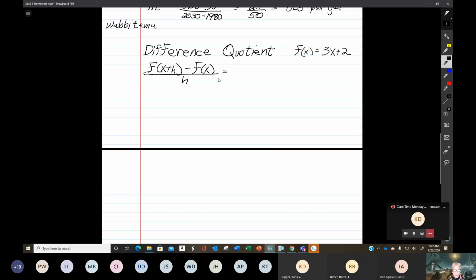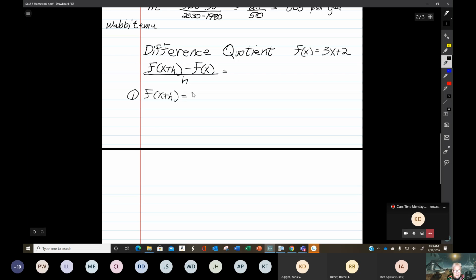Okay, now watch this. The first step is to calculate what f of x plus h is. So f of x plus h is going to be f of x equals 3x plus 2, but the x plus h is put in for the x.